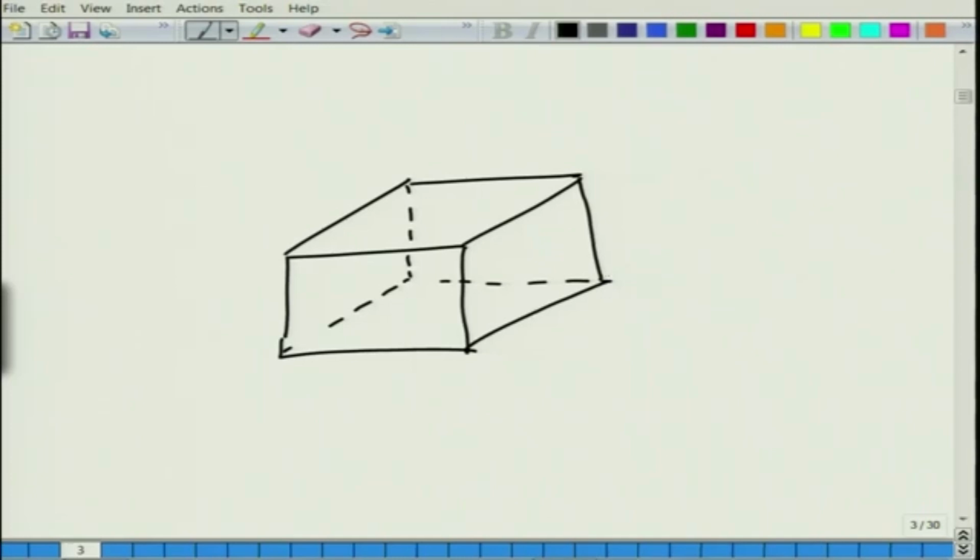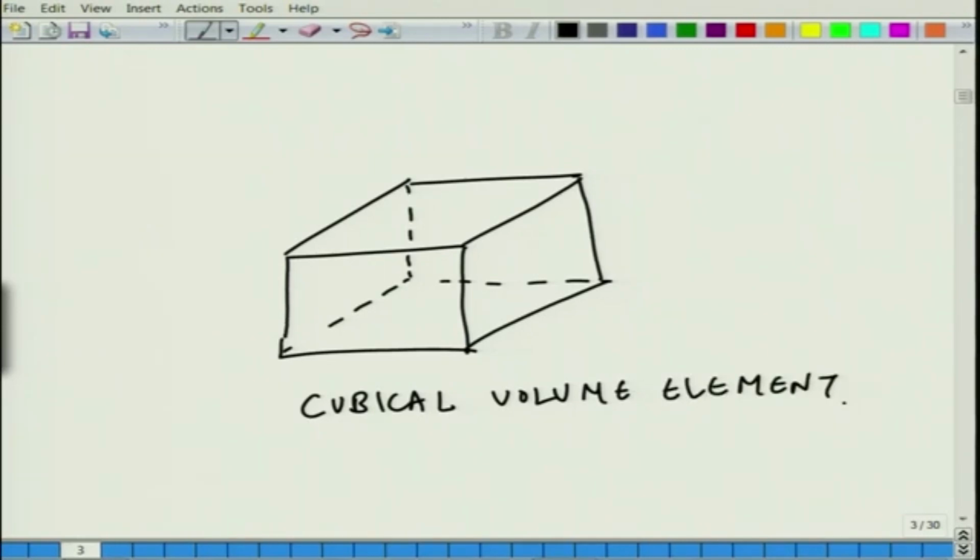So, this is nothing but a cubical volume element of a fluid, and we see, let me use another color, and let me actually first also draw the conventions.